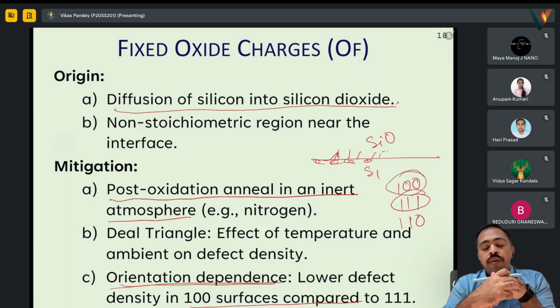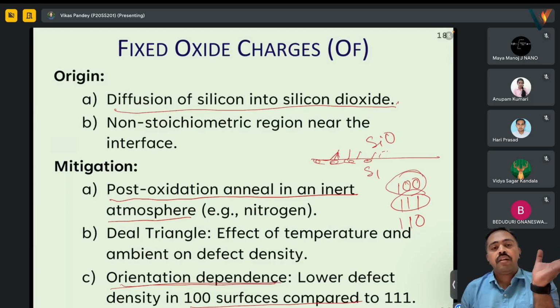So we can avoid 111, but where you need 111, you will have to rely more on post-oxidation treatment and dealing with temperature and ambience, which will play more important roles. But by default, if you are using 100, that will have lower fixed oxide charges.